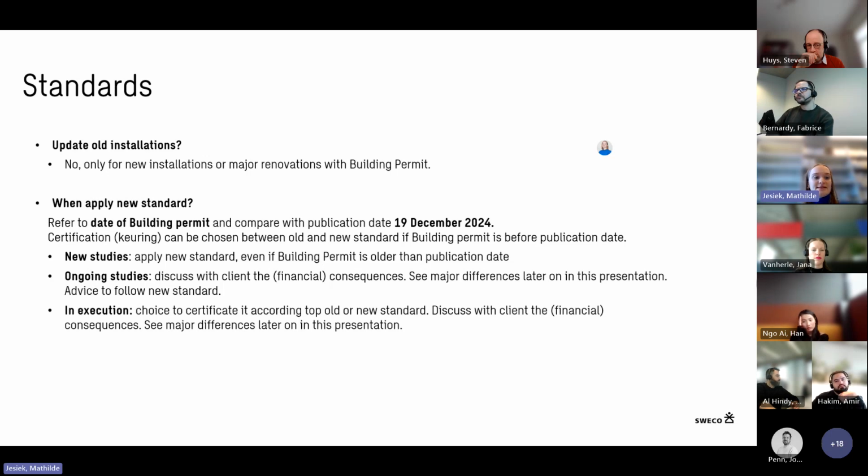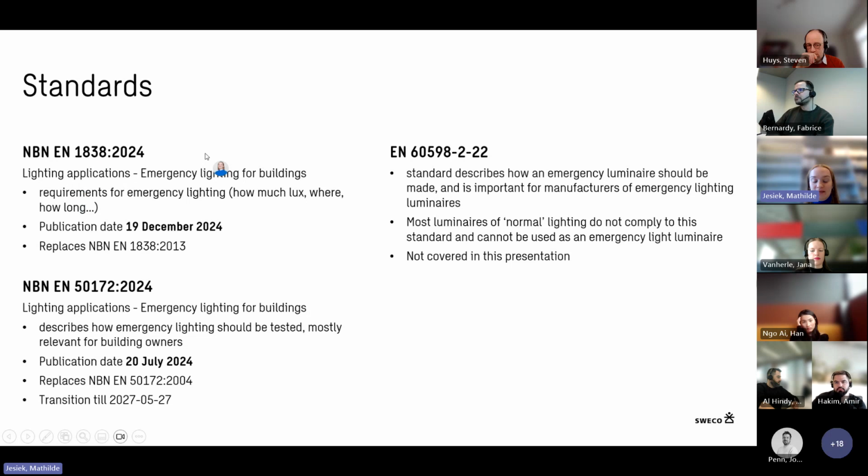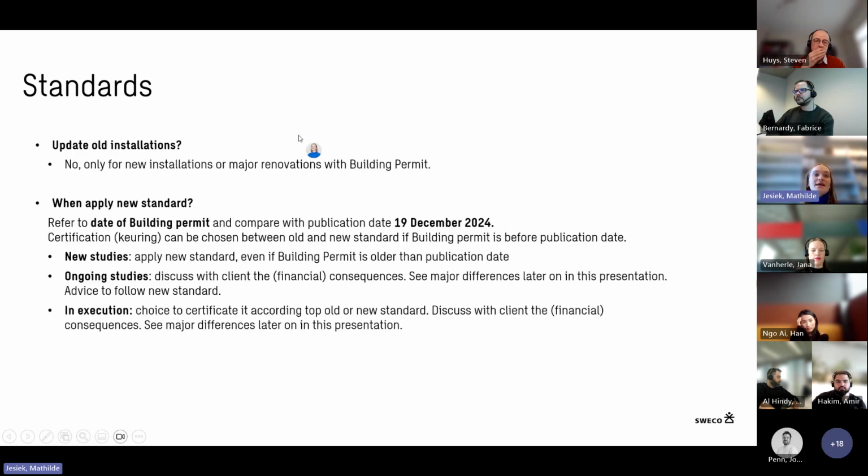So the new EN 1838 is a new standard, but that doesn't mean that we need to update all existing old installations. Only new installations, so new buildings we are designing or new major renovations with a building permit, need to follow these new rules.